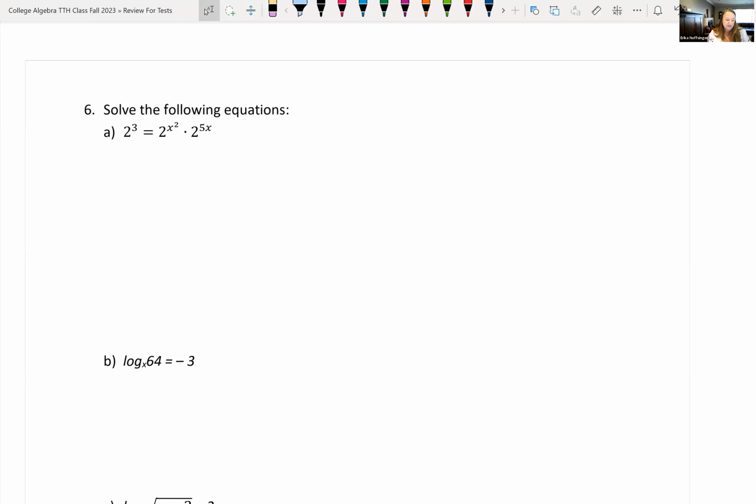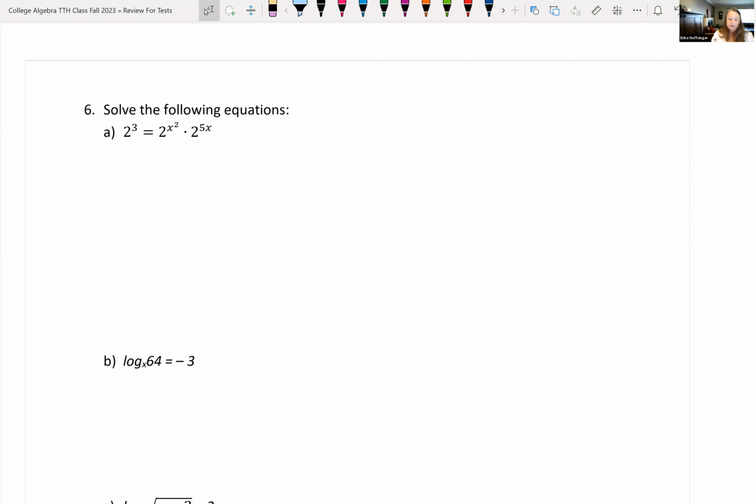So the last question on this exam is solving exponential and logarithmic equations. So our first equation is 2 cubed is equal to 2 raised to the x squared power times 2 raised to the 5x power. I notice that I can manipulate both my bases to be the same.